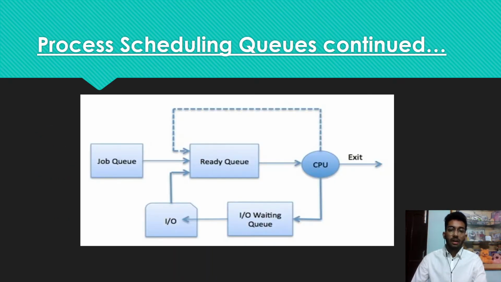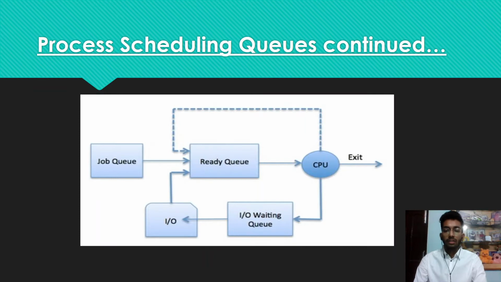Let's see how it works with the help of a diagram. When a process P1 is new to the system, it is placed in the job queue, and when it is ready for execution, it is removed from the job queue and placed in the ready queue. After the CPU is allocated to the process P1, it moves from the ready queue to the CPU.